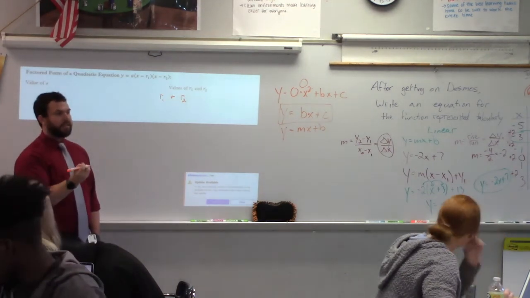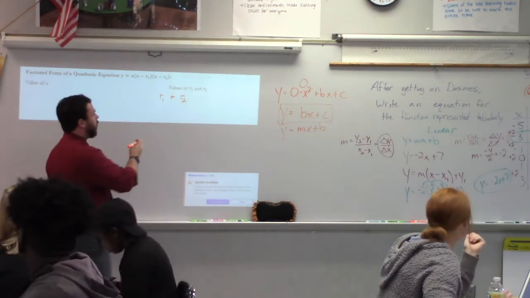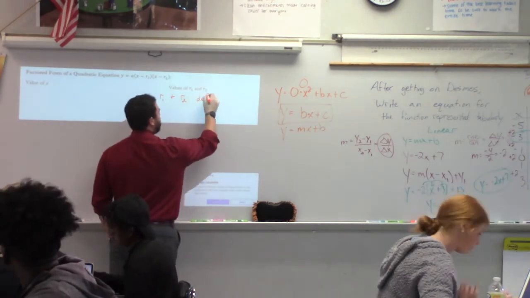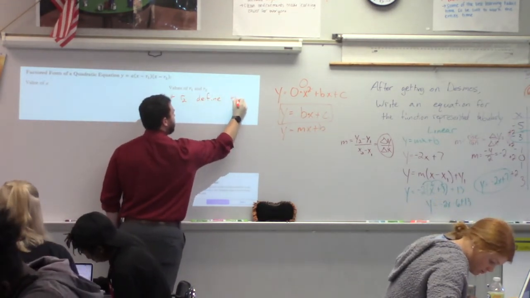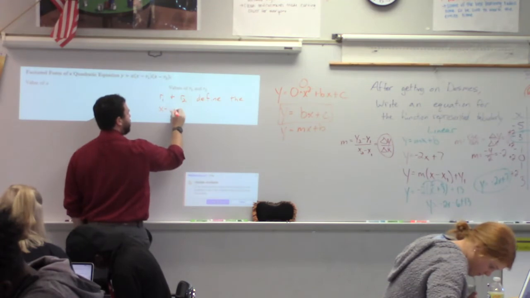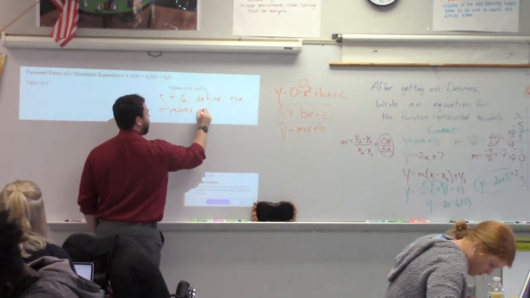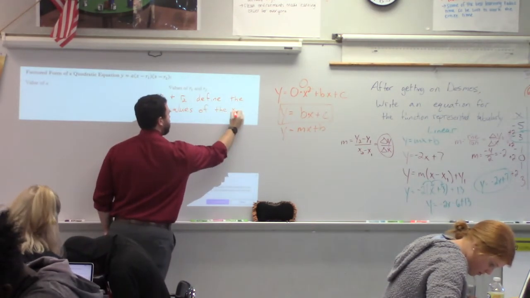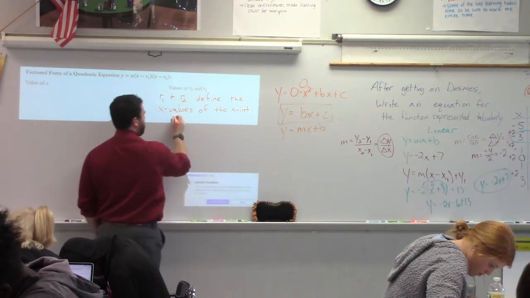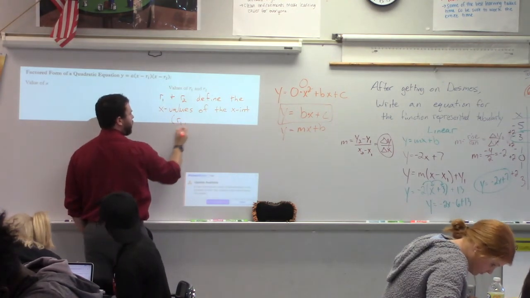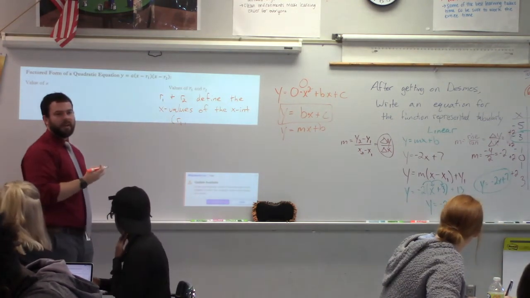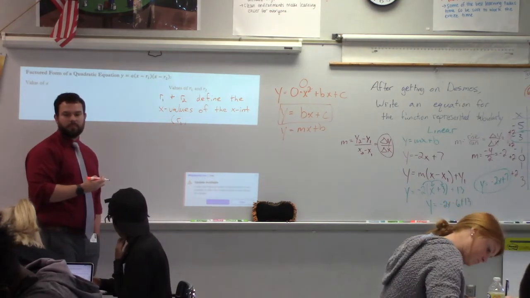Infinitely many, because there are infinitely many points. But R1 and R2 define the x values of the x-intercepts. Note that's R1, comma, what is the y value for every x-intercept? 0.